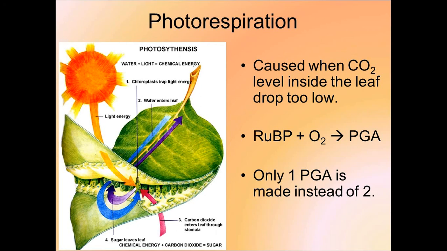This works for a short amount of time. The problem occurs if it happens over a long period of time, because if the stomata are closed, carbon dioxide cannot get in and waste oxygen cannot leave. At night, remember, the carbon dioxide that is brought in is converted into glucose. If the stomata are closed, carbon dioxide does not come in.